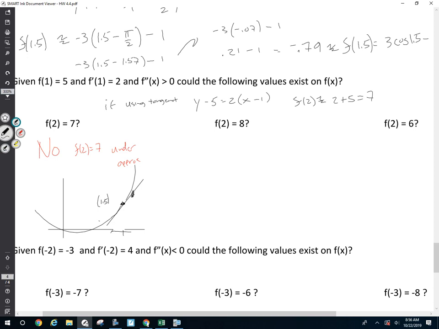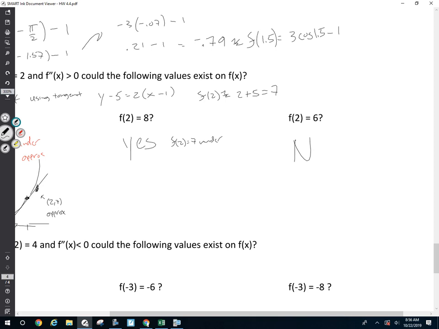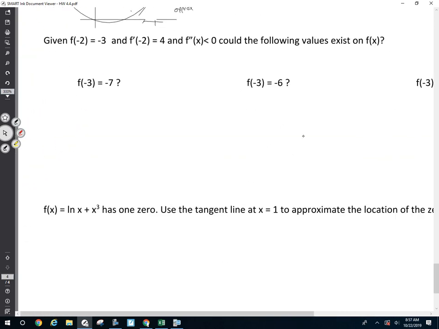My approximation is (2, 7). But I know it's under because my function is concave up. So it can't be 7. Could it be 8? Yeah, because (2, 7) was under. Could it be 6? Nope, because (2, 7) was under. See what I'm talking about? So could the actual value exist? That's what we're going with.